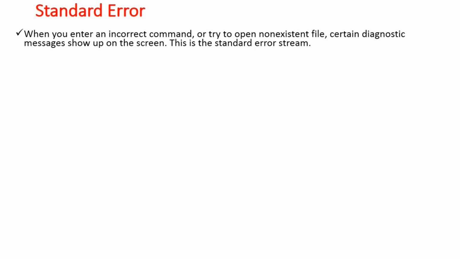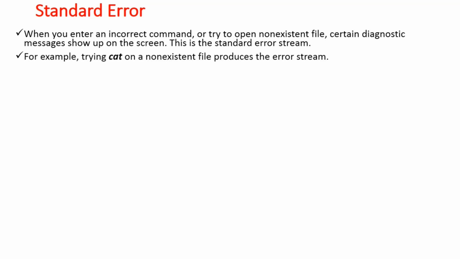This is called the standard error stream. For example, you are executing a cat command to open a file which is not present in the Unix file system, so you get an error message on the terminal.